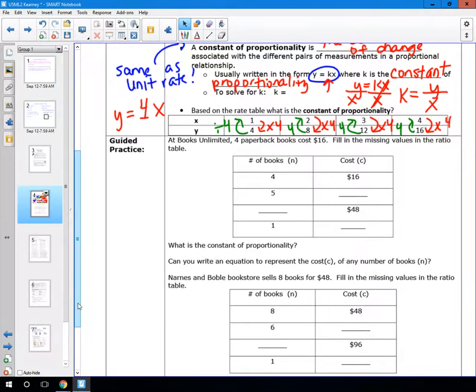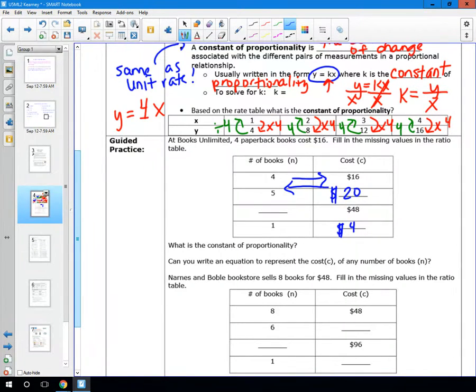Some of you may have already started filling in the table. If I can buy 4 books for $16, could I work backwards and figure out how much 1 book is? What's 16 divided by 4? Many of you are saying that is 4. So 1 book is $4. If 1 book is $4, then 5 books would be $20.